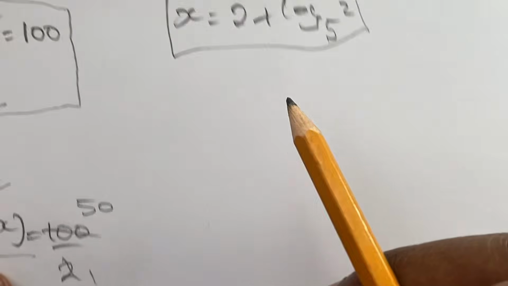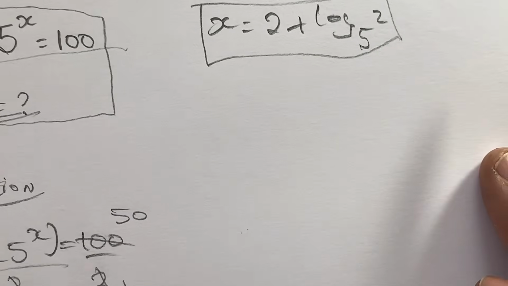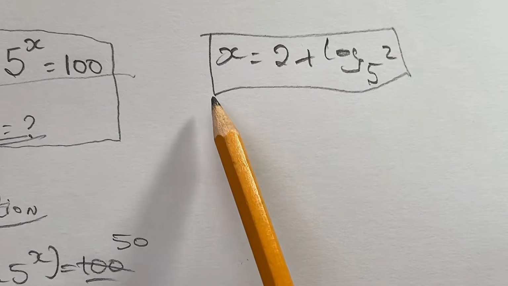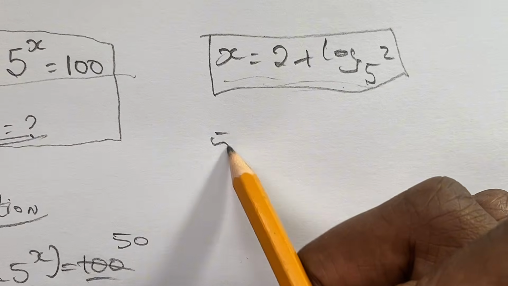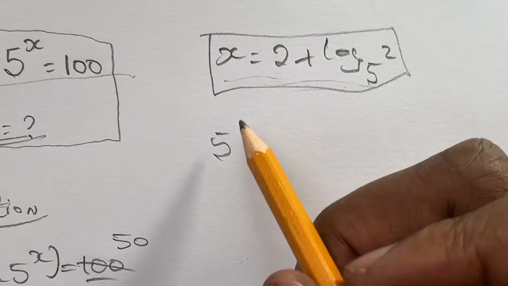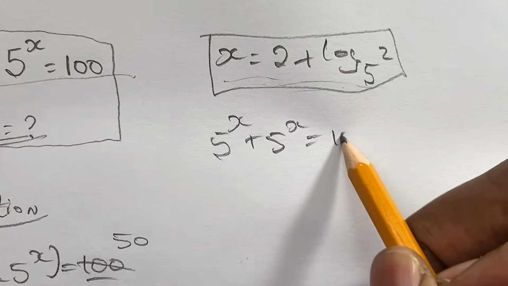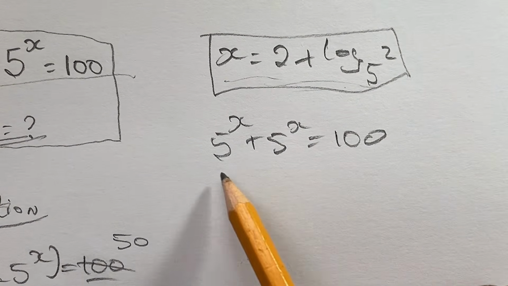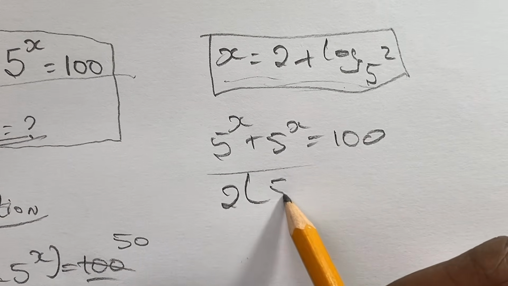And what we'll be doing from here is that we'll be using our original equation, and we'll be plugging in the value that we know now, the value of x. So here we'll have 5 to the power of x plus 5 to the power of x is equal to 100. And as I said earlier, we could simplify this as saying 2 times 5 to the power of x.